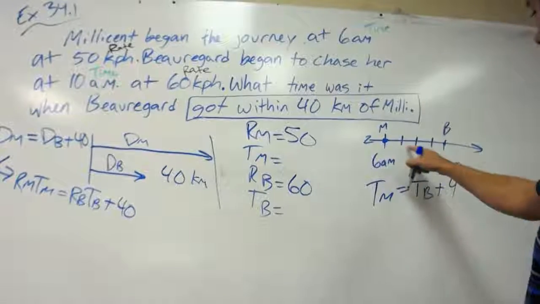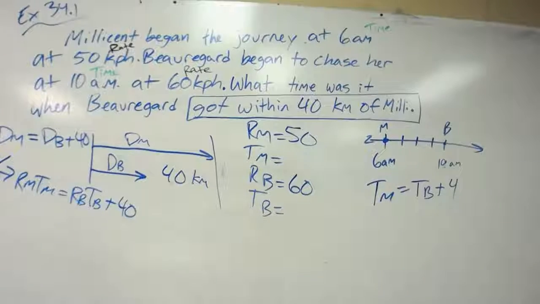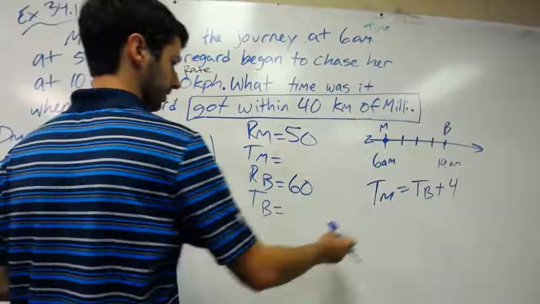All right, 1, 2, 3, 4. She's been traveling 4 hours longer than Beauregard, so therefore we could use that as the time of Millicent.